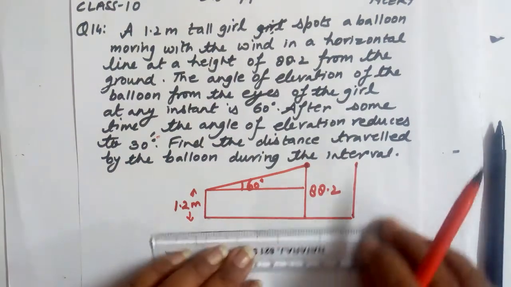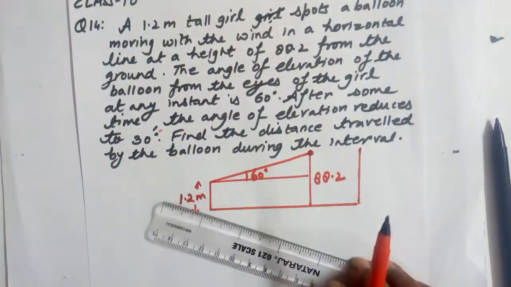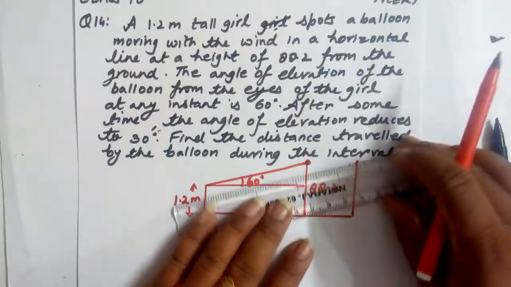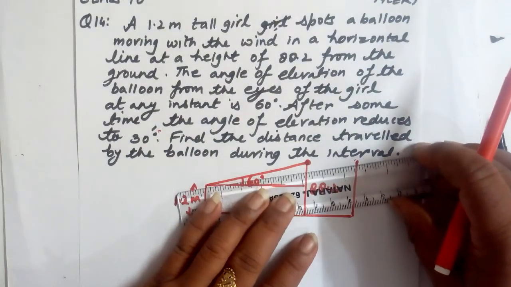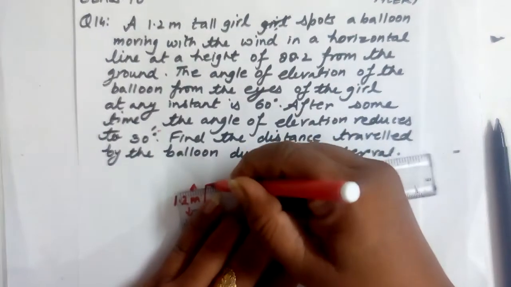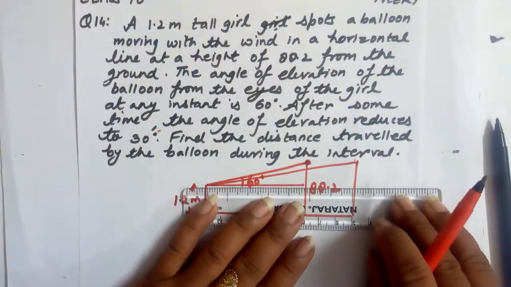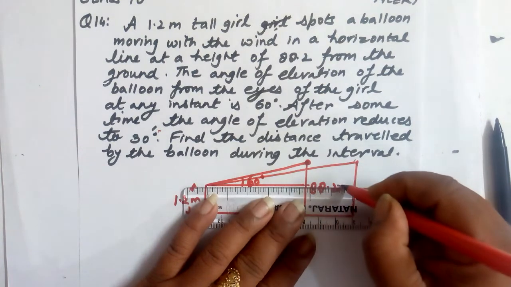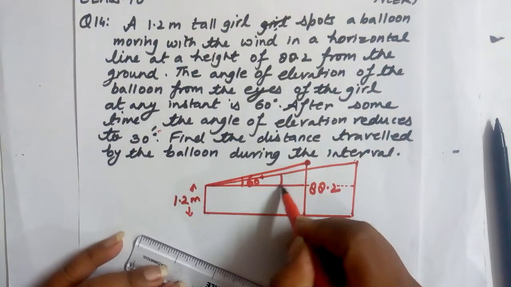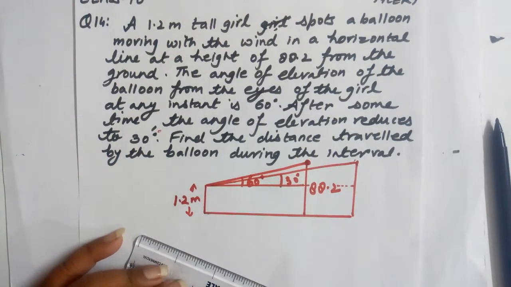Because it is moving in a horizontal line. Now the balloon is at this point, and the angle of elevation changes from 60 degrees to 30 degrees. Now this angle becomes 30 degrees.